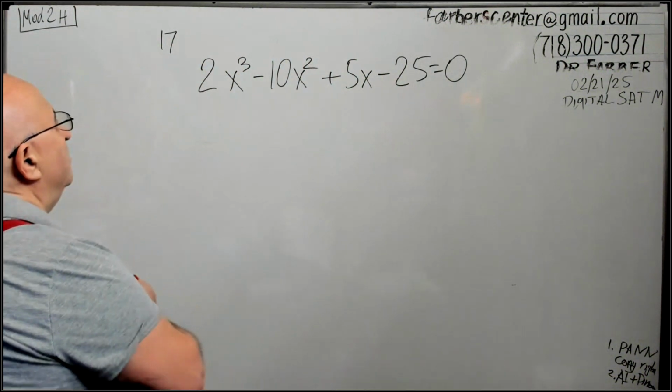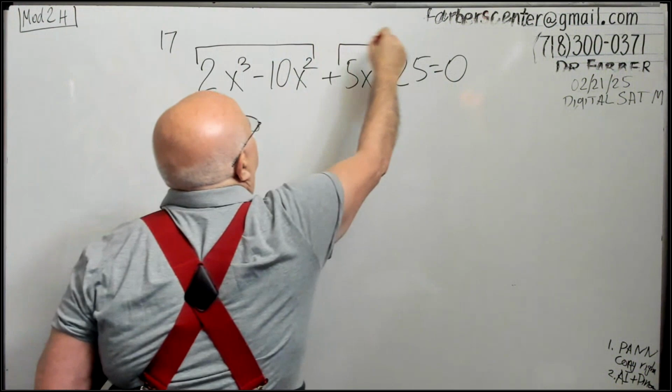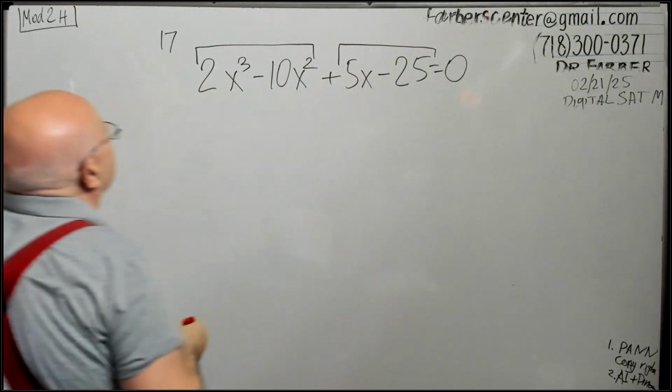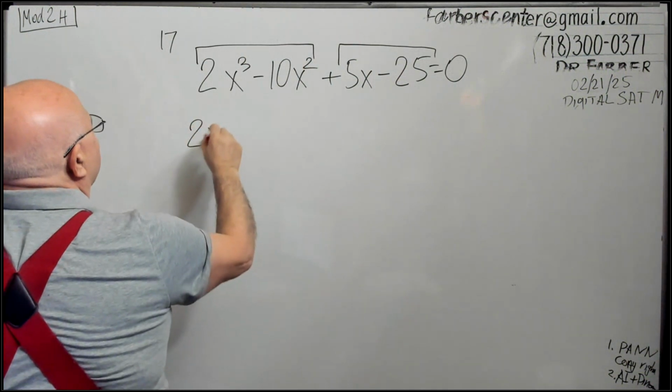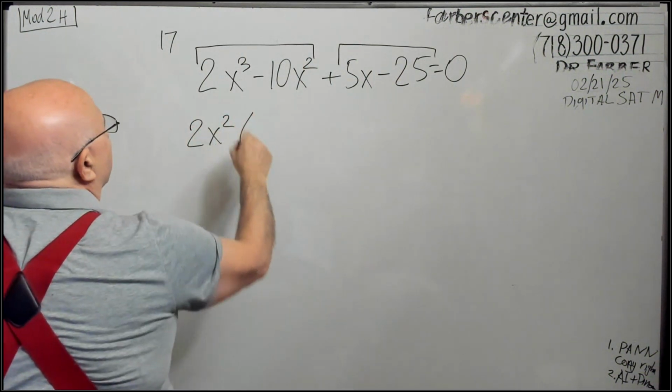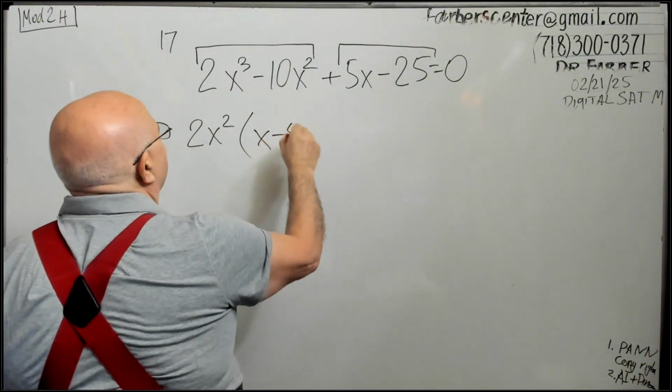So take these two and these two and factorize. For instance, I put here 2x to the second, and I have x minus 5.